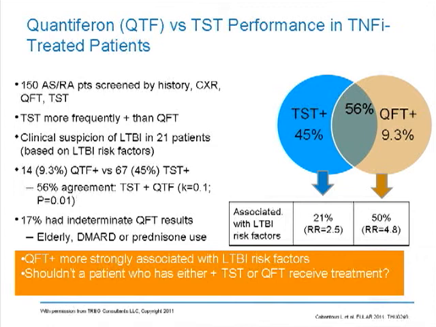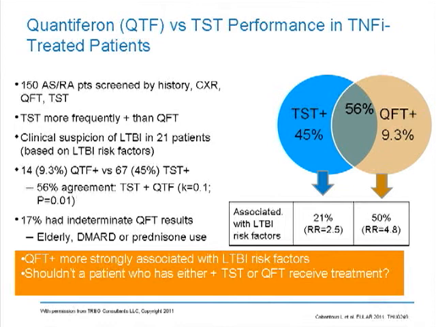17% of these patients had indeterminate QuantiFERON results, and these were primarily in elderly patients, patients on DMARDs, or patients using prednisone. But the relative risk of being associated with latent tuberculosis is about 4.8 in the 50% of patients with QuantiFERON positivity, and 21%, still a relative risk of 2.5, in patients with a positive tuberculin skin test.